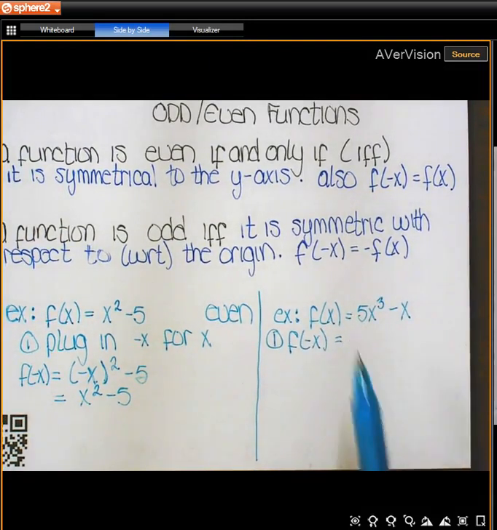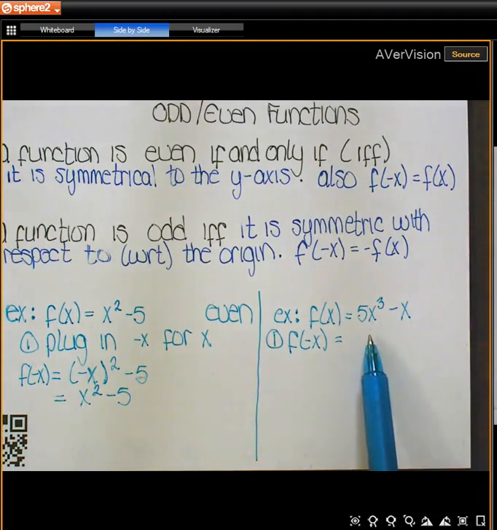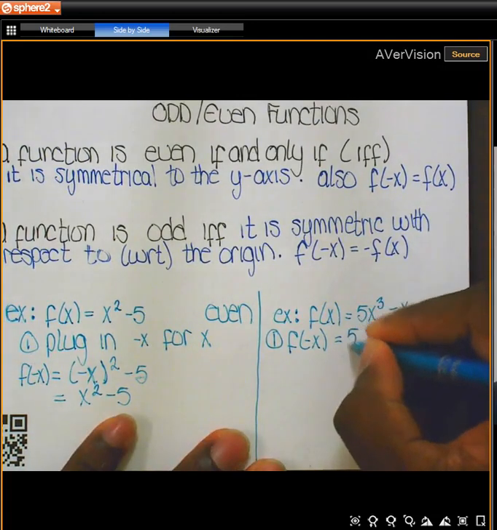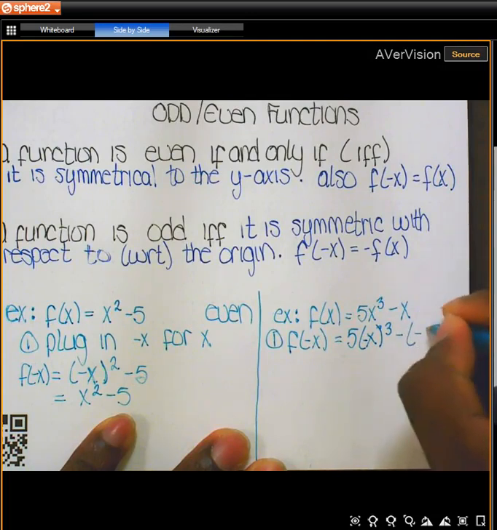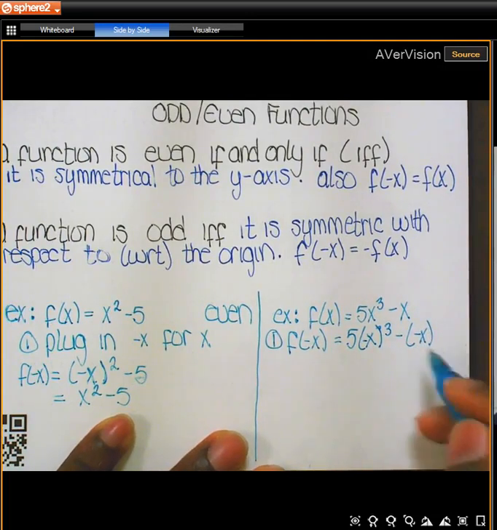All right, we're given f of x equal to 5x cubed minus x. What is f of negative x? Yes, it will become plus x.